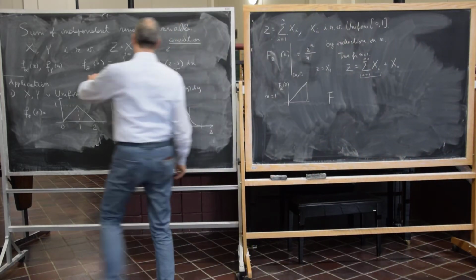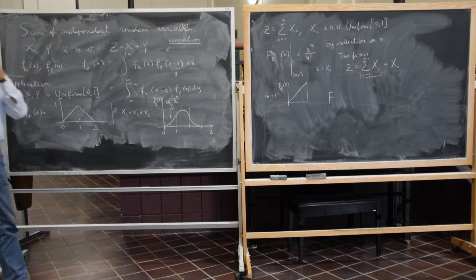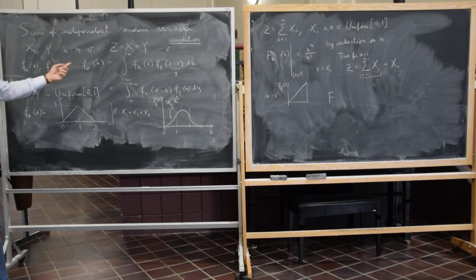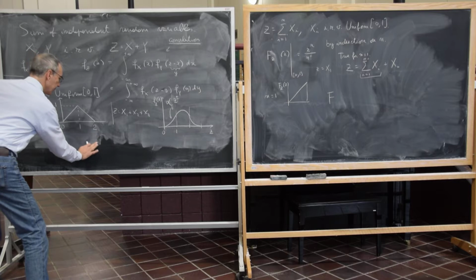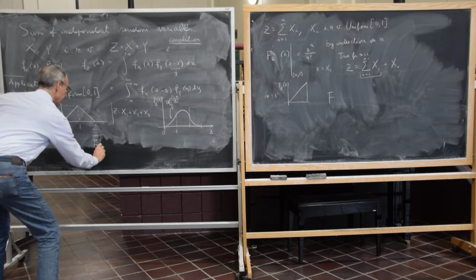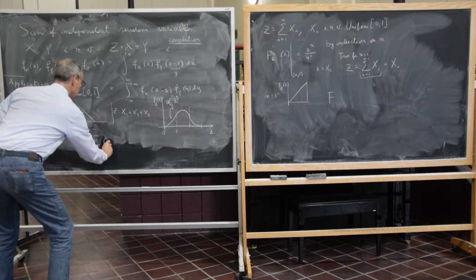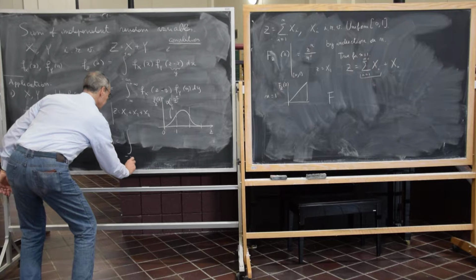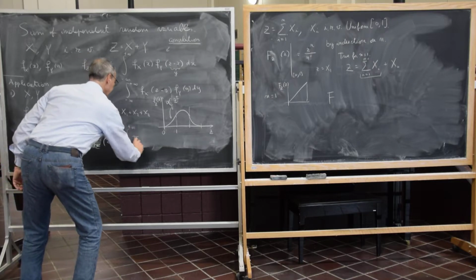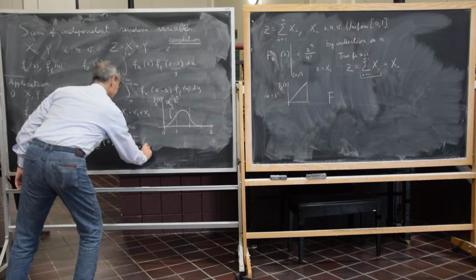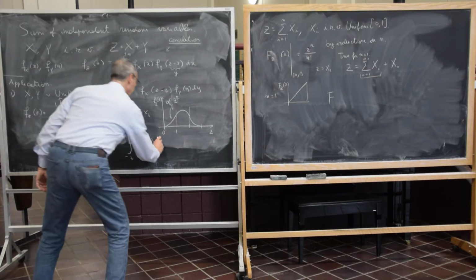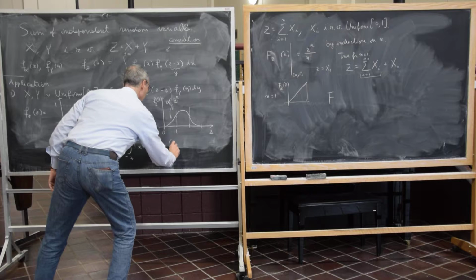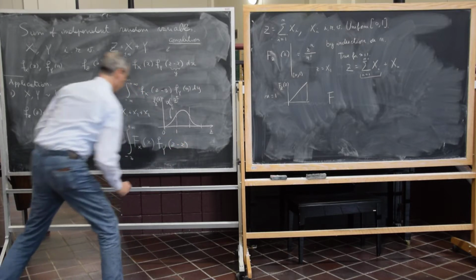ways to write it. This is the formula for the density, but before the formula for the density, in the book we derived also the formula for the distribution function. The distribution function is almost the same. It's just capital F_Z of little z is equal to the integral from minus infinity to plus infinity of capital F_X of x times little f_Y of z minus x dx.